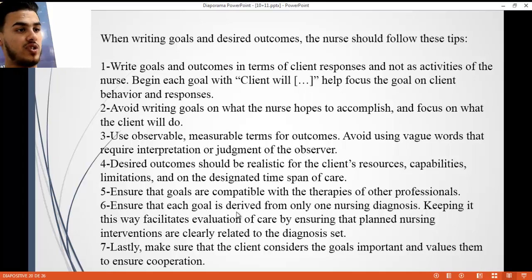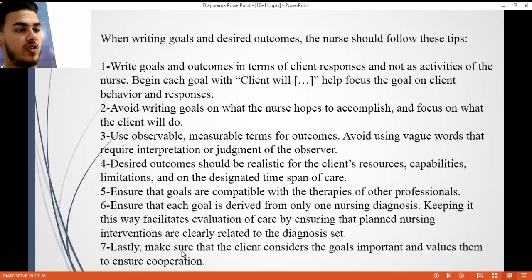Ensure that each goal is derived from only one nursing diagnosis. Keeping it this way facilitates evaluation of care by ensuring that planned nursing interventions are clearly related to the diagnosis set. So here you are obliged also to write the goals according to one diagnosis, not too vague, so as not to make the process harder later on for the doctors.